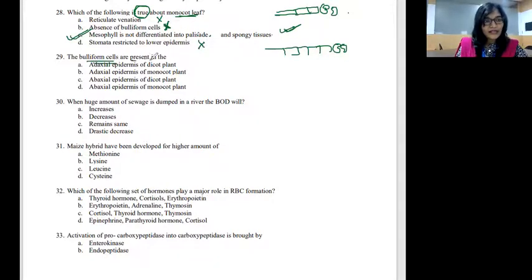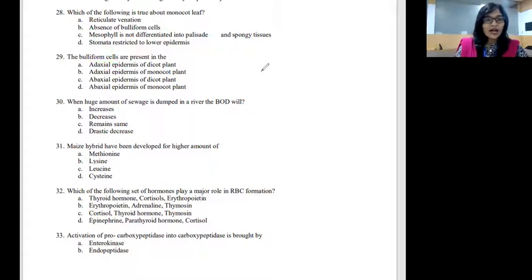Bulliform cells are present. Now we know what a bulliform cell is. They are mainly responsible for water storage, present in the epidermis, which prevents water loss. Where is it present? First you have to remember adaxial and abaxial. Adaxial, very important. Adaxial means what? Adaxial is the upper epidermis. Abaxial is going to be the lower epidermis.